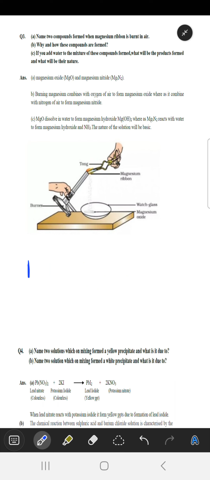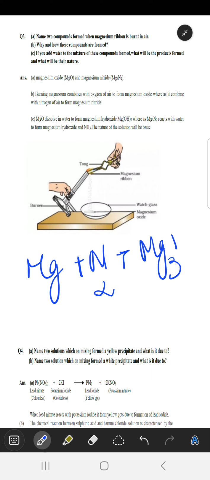Similarly, magnesium also reacts with nitrogen, and we get magnesium nitride. So there is a formation of magnesium nitride.